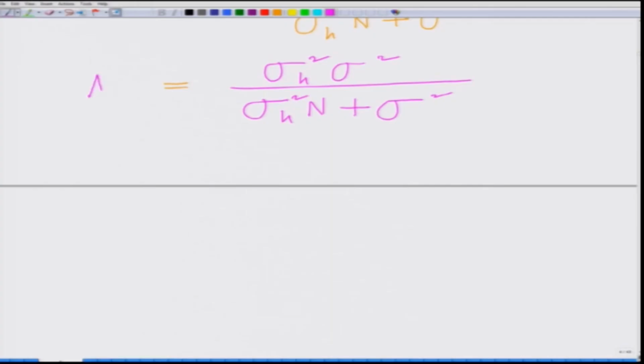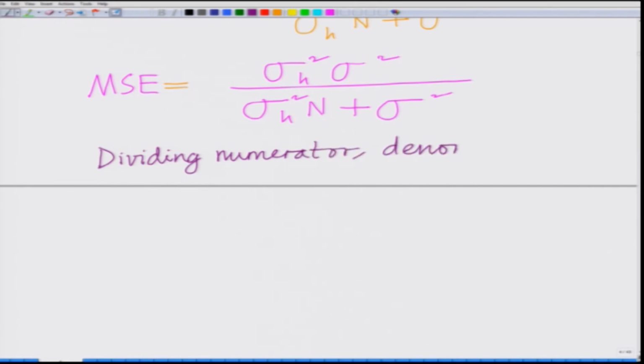So, this is your MSE, and now we divide. The MSE can be equivalent to the divided expression.